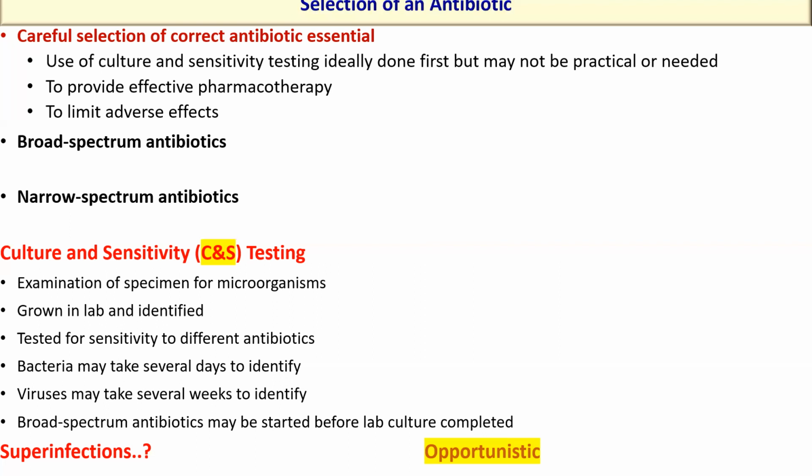That's the main differentiation between superinfections, which occur only during treatment with antimicrobial agents, versus opportunistic infections, which usually occur with immunosuppression, when the immune system has become compromised or suppressed.